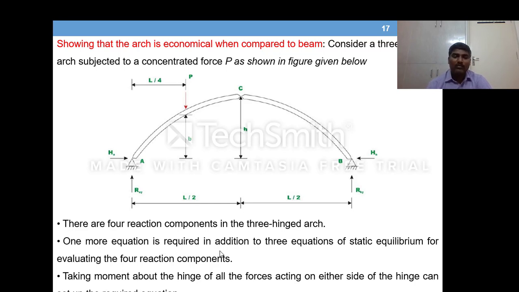So there is one more unknown left to solve. Hence we take the condition that the bending moment at the hinge is 0. That we will utilize here for solving the external reactions.